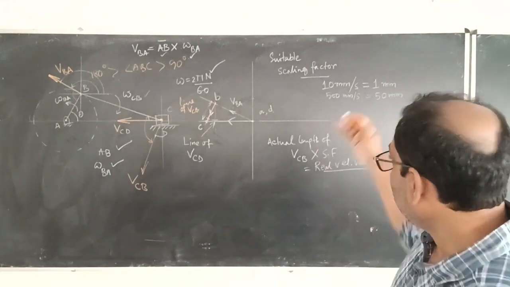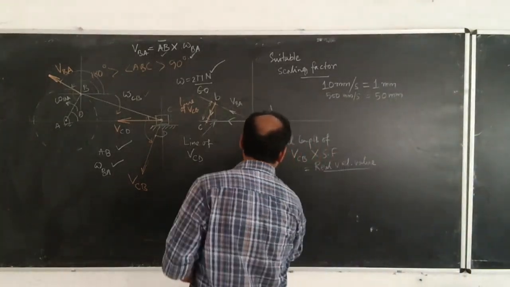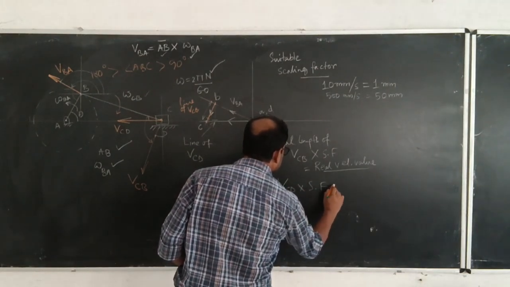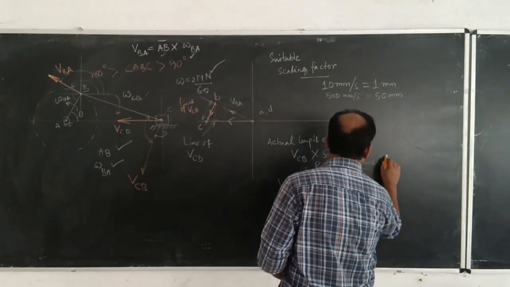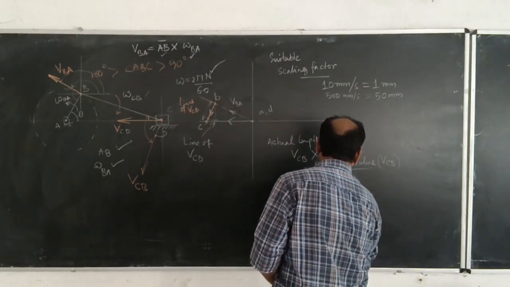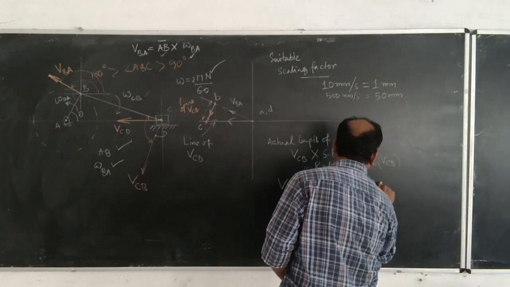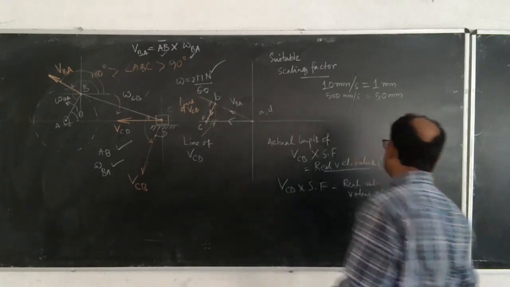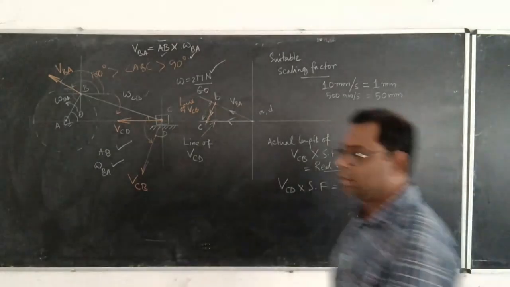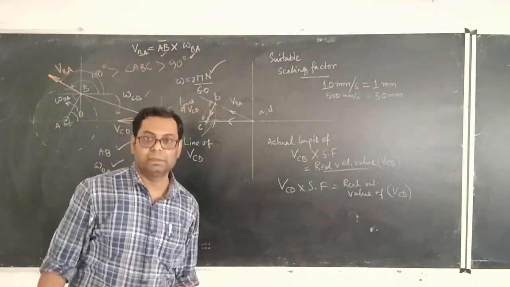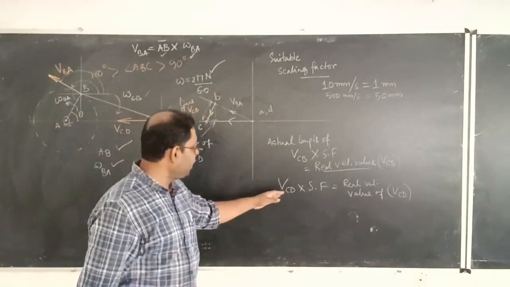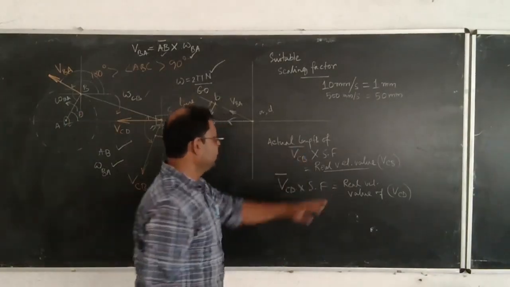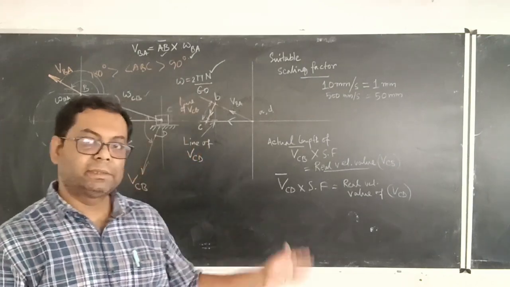The same process can be applied for VCD. This is how, I guess all of you can see this right now. So this is how it can be done: the length of VCD into the scaling factor is the real velocity value of VCD, like that.